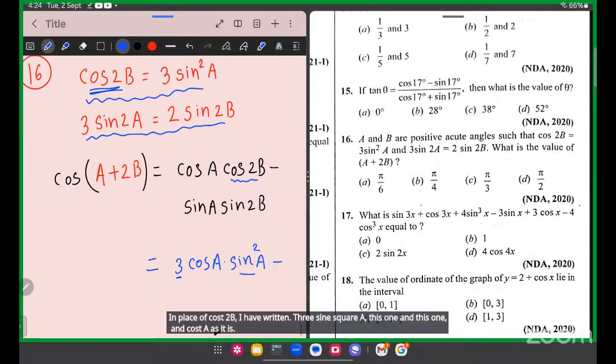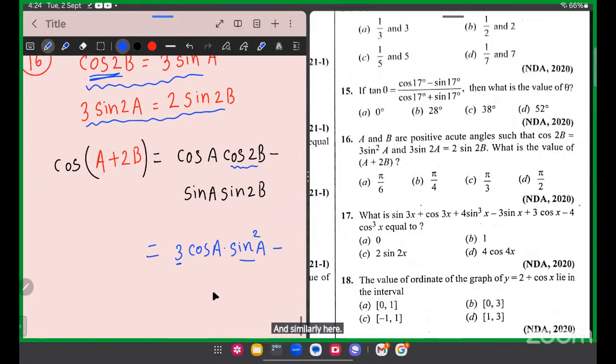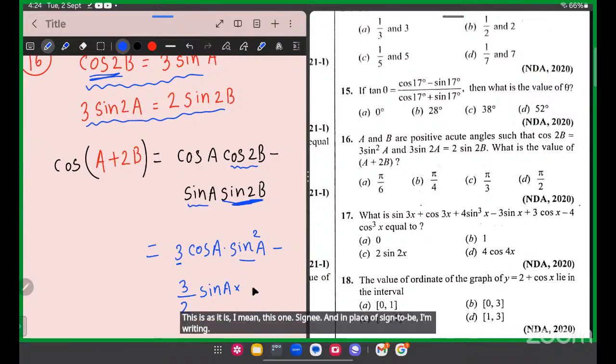And similarly here, in place of sin 2B, I can write 3 by 2 sin 2A, and sin A is as it is.